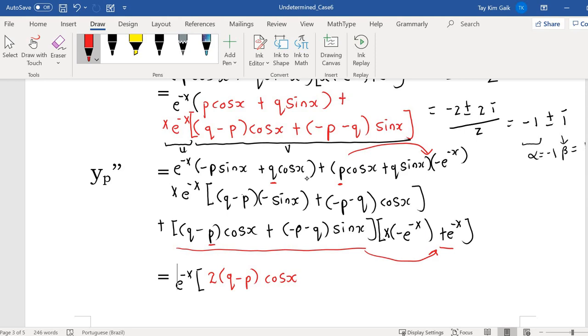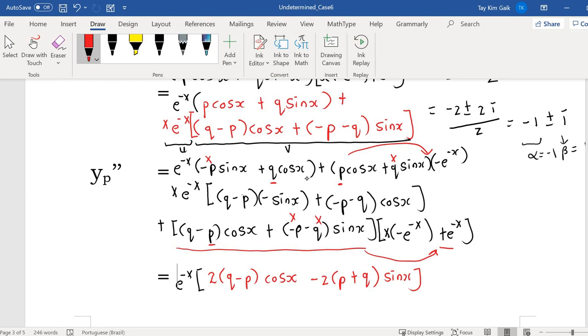You got minus p here, minus p, this is minus q, then this one means minus p minus p. So in total I got minus 2 times p plus q sin x. Here you got minus p minus 2p, and then minus q minus 2q sin x.